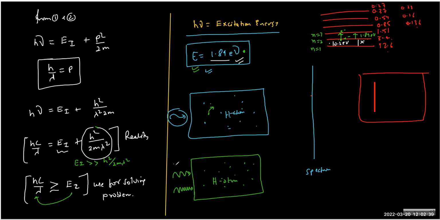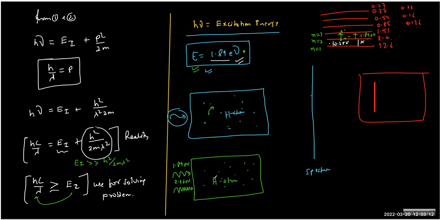One with energy 1.89 is getting absorbed, and another is 2.86 eV. Now tell me what is happening here.